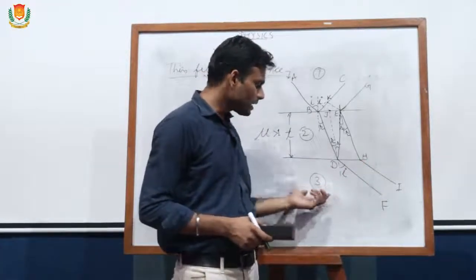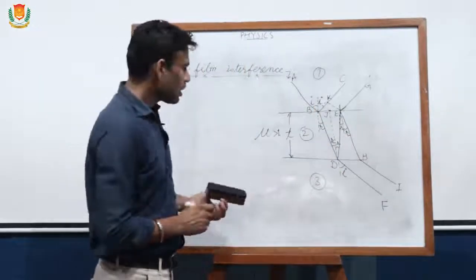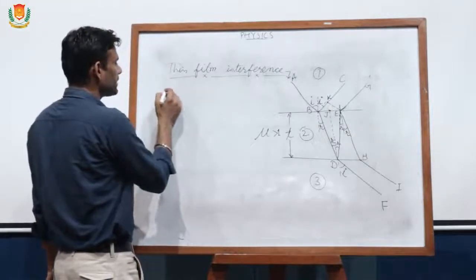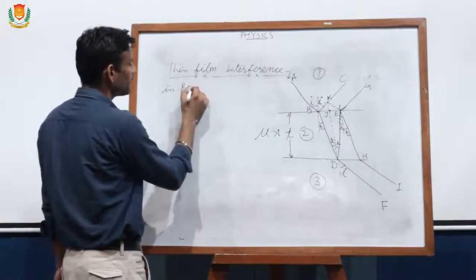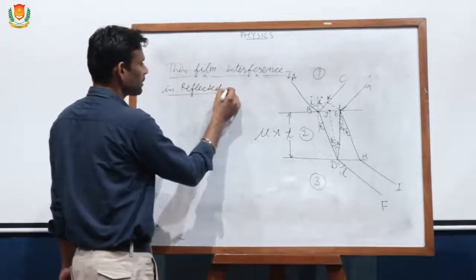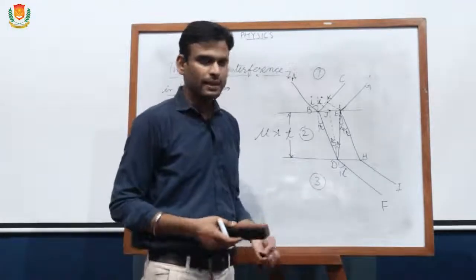This third region is the transmitted system and the first region is the reflected system. So now we calculate the thin film interference in the reflected system. However, the approach for calculating the conditions of maxima and minima in the transmitted system will also be the same.